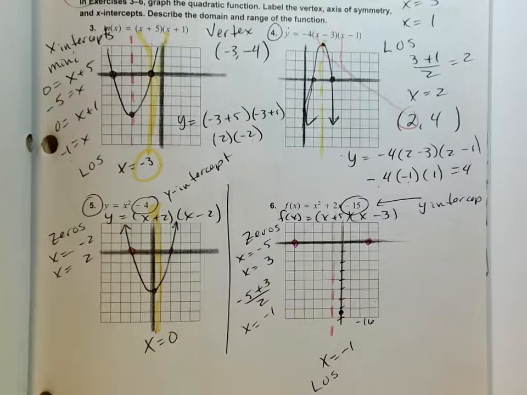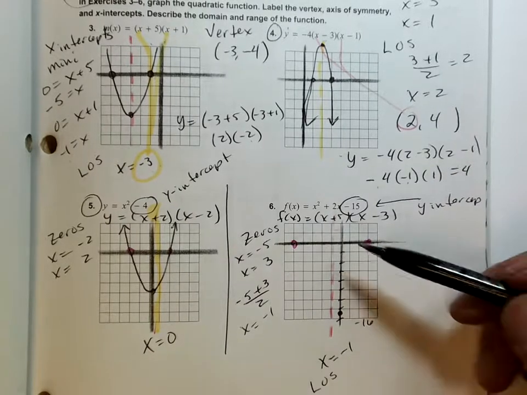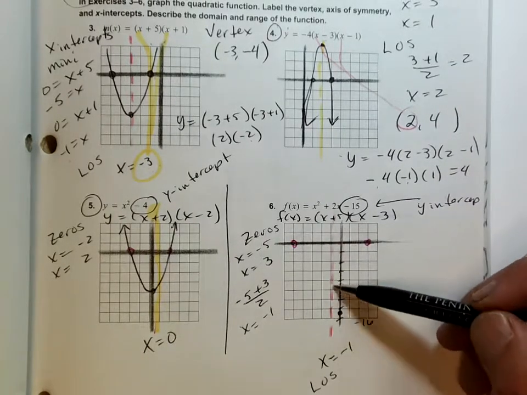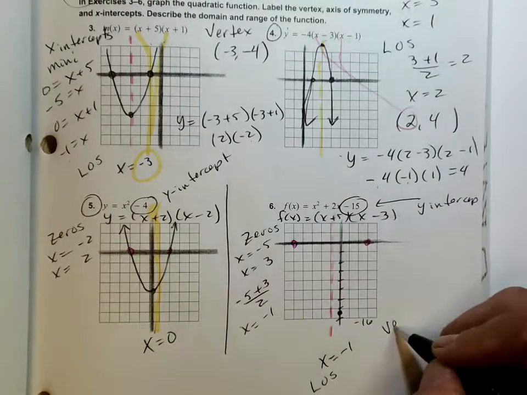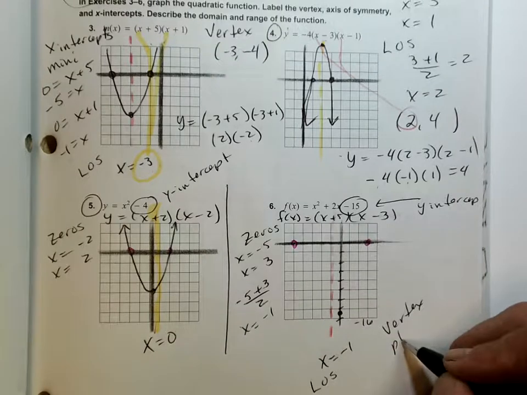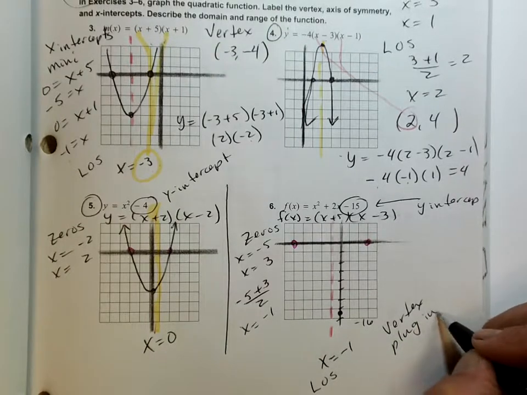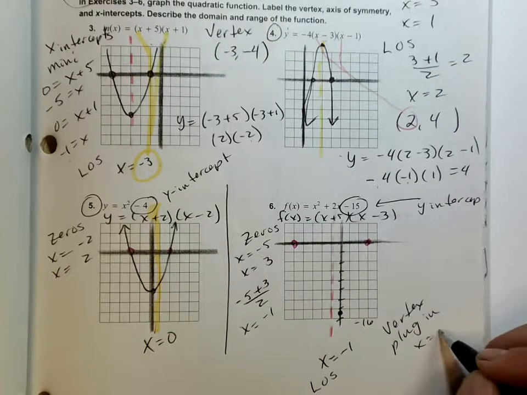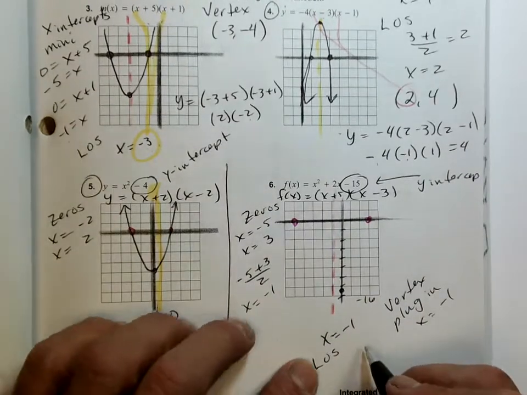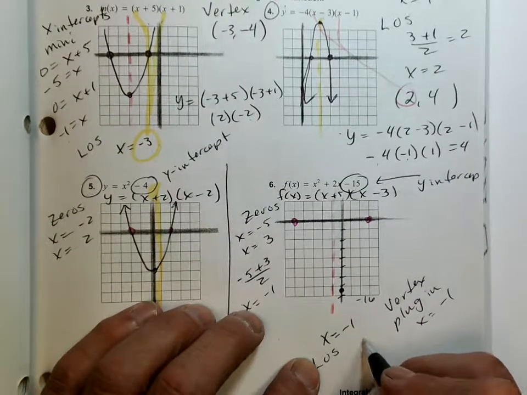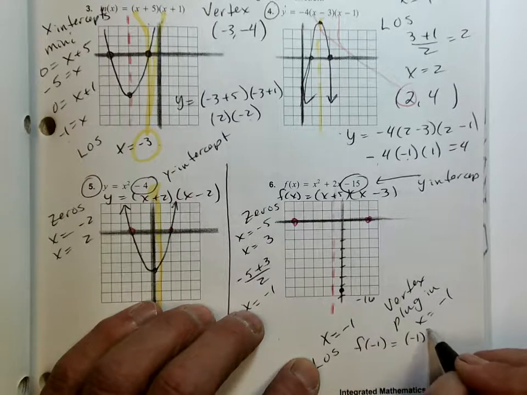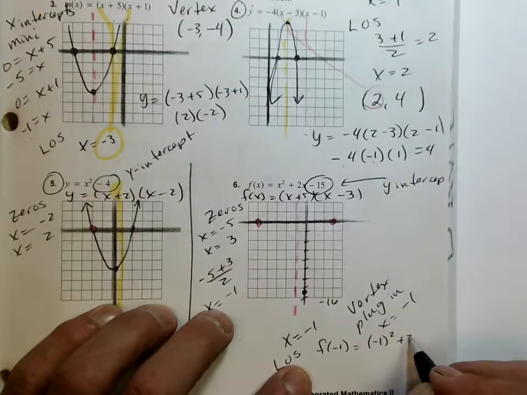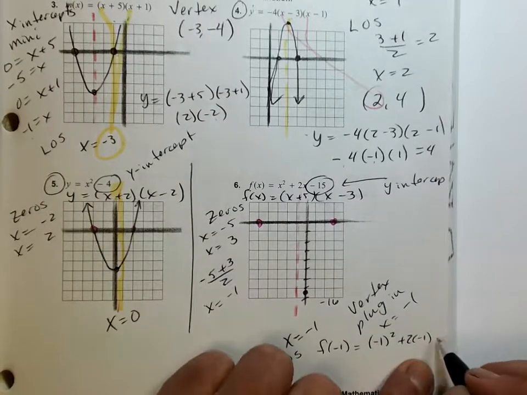And now what do we got to find? Well, how about the vertex, right? The vertex is somewhere along this line. So I'm going to plug in x equals negative 1 to find the vertex. I'll do that work right here. I'll say f of negative 1 is equal to negative 1 squared plus 2 times negative 1 minus 15.